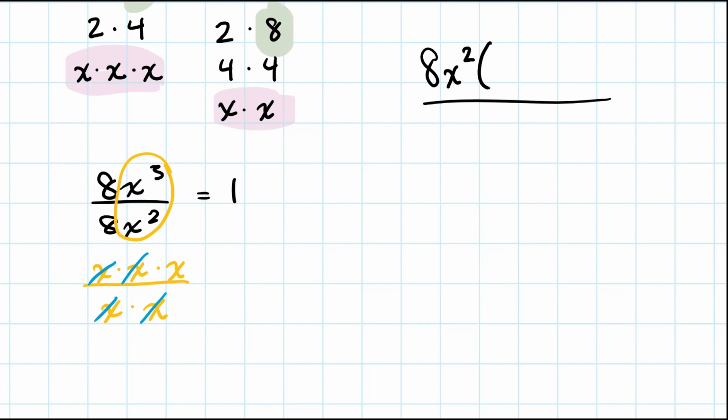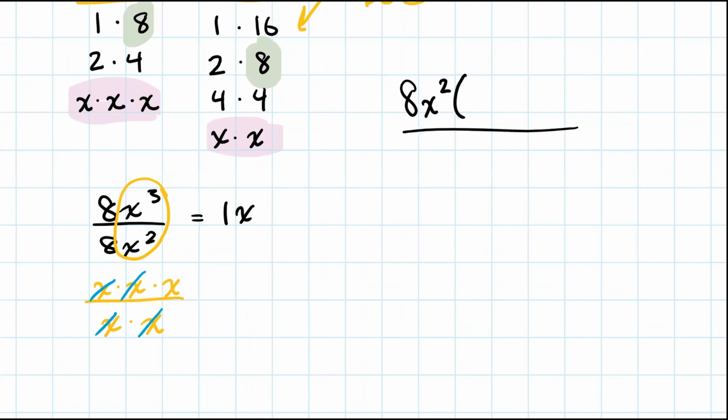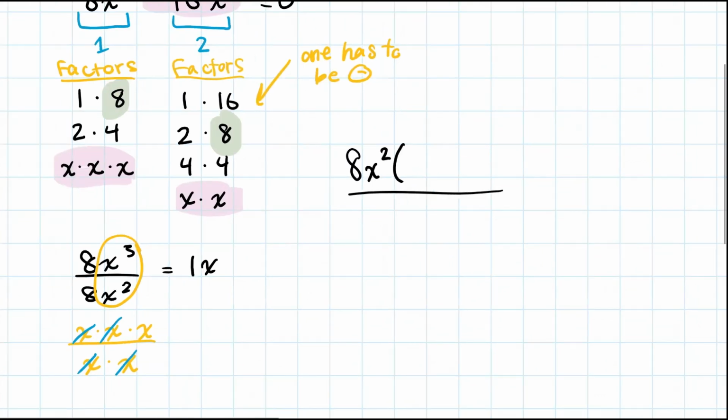Then you end up with 1x on top. X divided by 1 is just equal to x. So that means x cubed divided by x squared is going to be x. So we just determined that for term number 1, inside the bracket, we're going to have 1x, which I'm just going to write as x because that is the same thing. Okay?